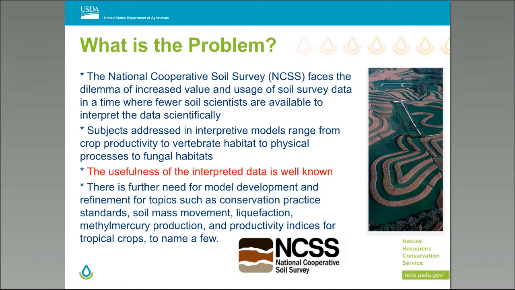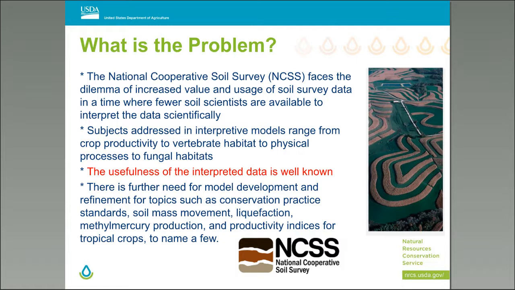And there's a lot of interest in soil mass movement interpretations, liquefaction, because as much as we don't want to think about it, eventually we're going to get the big one, another New Madrid kind of event, which I think will be much more devastating than anything in California.